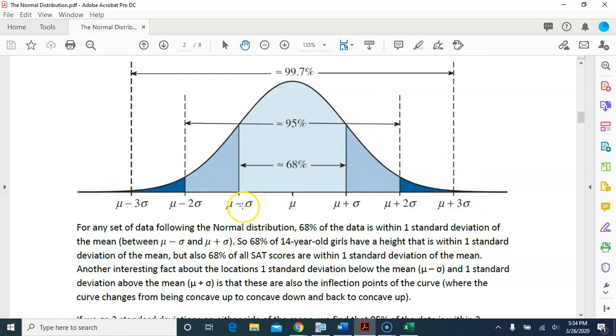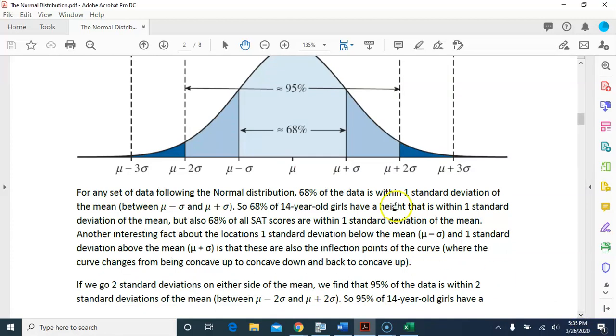So it just so happens to be that the 1 standard deviation mark is where the curve changes from concave up to concave down and vice versa. Also, this 1 standard deviation mark, when you go up to the curve, that occurs at about 60% of the overall highest point of the curve.